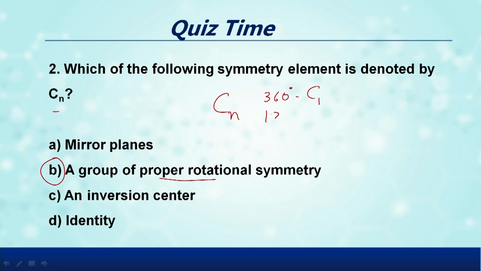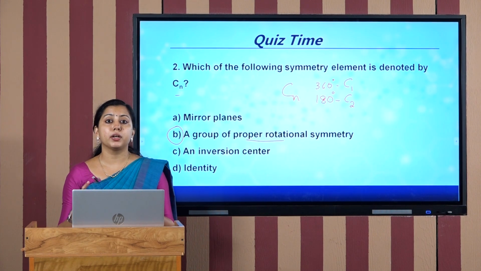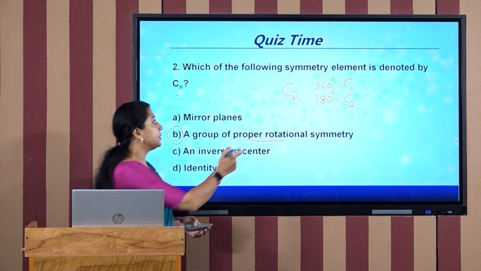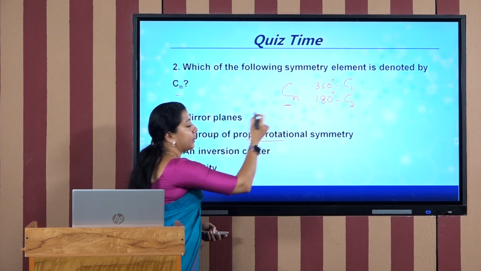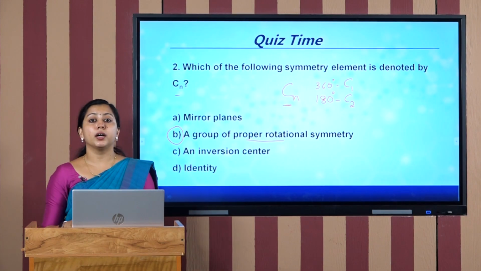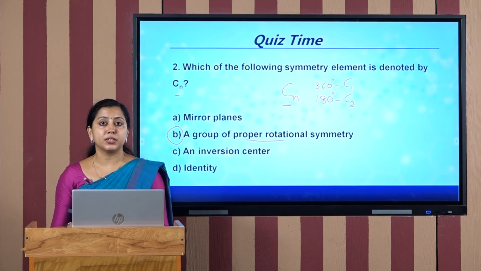If it is through 180 degrees, then it is a C2 axis. So, similarly, in general, we can represent a proper rotation axis as Cn. So, the correct answer is option B, a group of proper rotational symmetry.